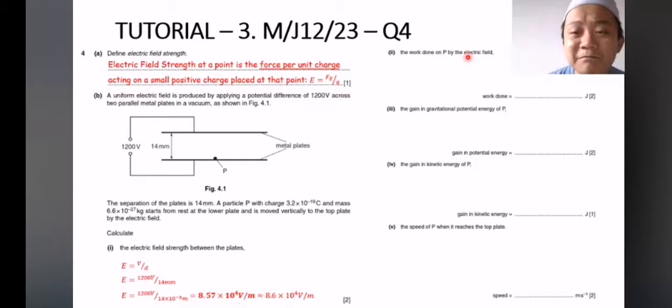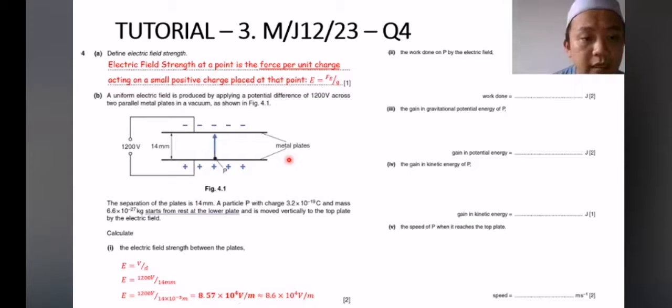Okay, the work done moving this particle upwards, dia naik atas. So what we do, tengok kat sini, yeah. So we've got a positive on the bottom plate and negative on the top plate. So ada work done, okay, the work done by the electric field.